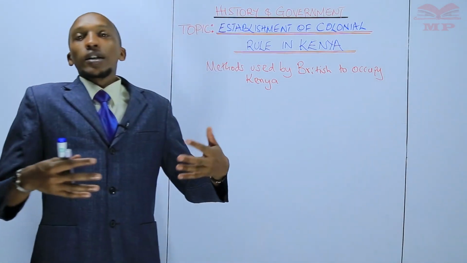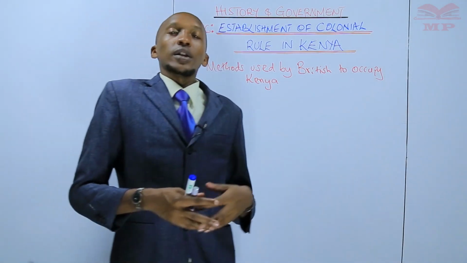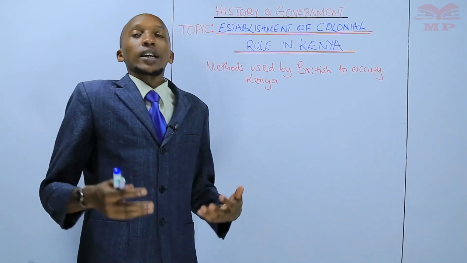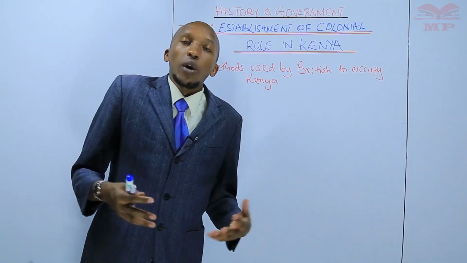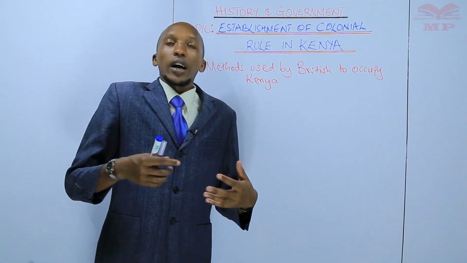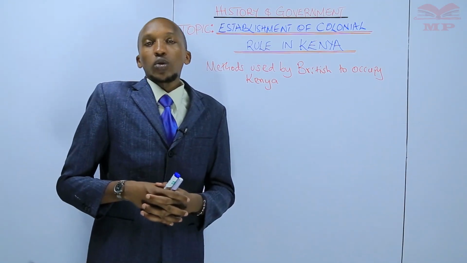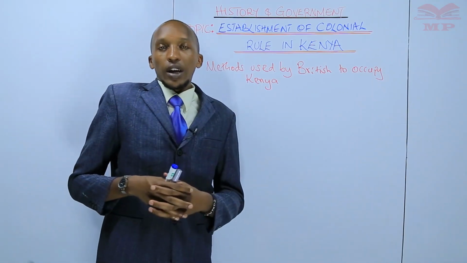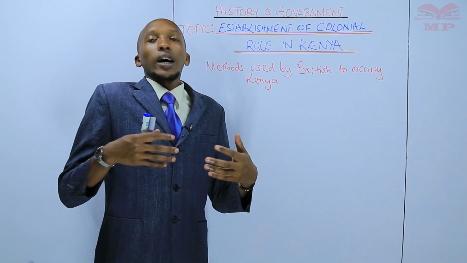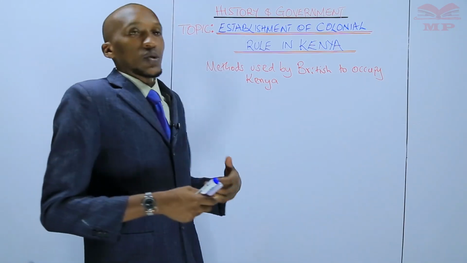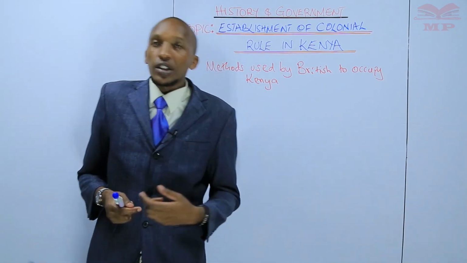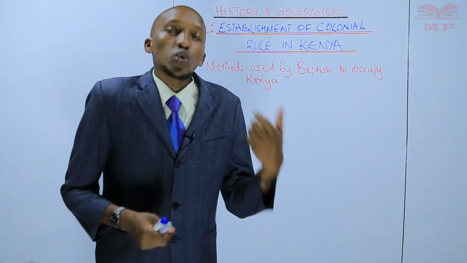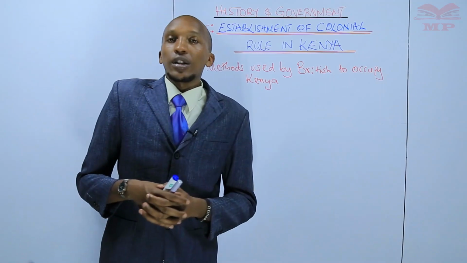So as I've mentioned, the Imperial British East African Company was overwhelmed by the administration of the colony, because it had become very expensive on their part, and that made the British government send direct representatives to take over the administration or the rule of the Kenyan territory.